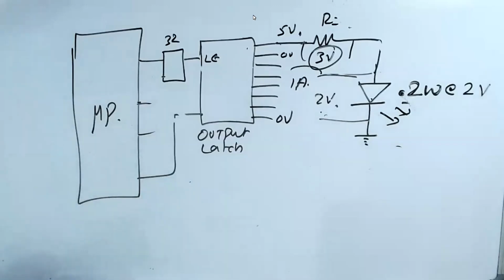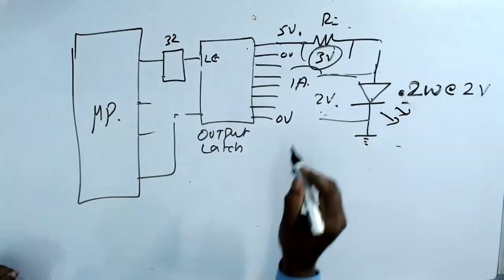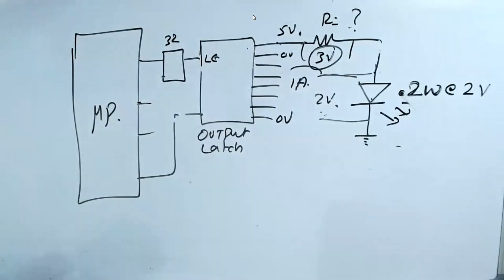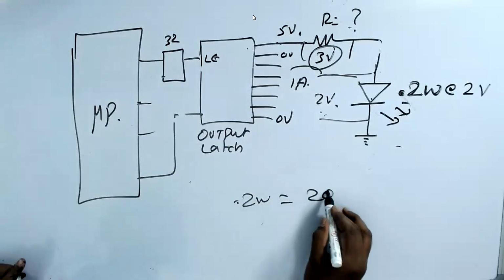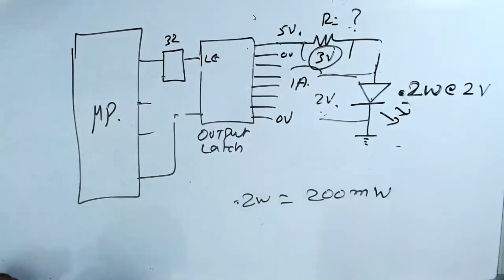Instead of 2 watts, this is going to give 10 times less power. 0.2 watts. Okay, then what is the value of R? 0.2 watts is equal to 200 milliwatts. Both are the same. Please understand. If you multiply by 1000 and make it milliwatts, then 0.2 watts becomes 200 milliwatts.